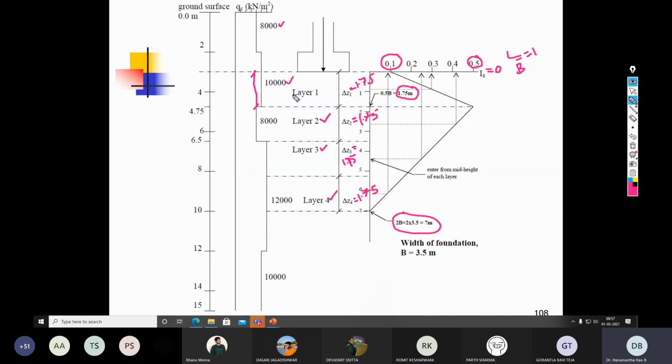You are most welcome to subdivide layer 1 into 2 more layers, layer 2 into 2 more layers, or even more, layer 3 into 2 or more layers, layer 4 also 2 or more layers. If we take smaller widths, the accuracy will be more. If you consider more number of layers, your accuracy improves. That's it.